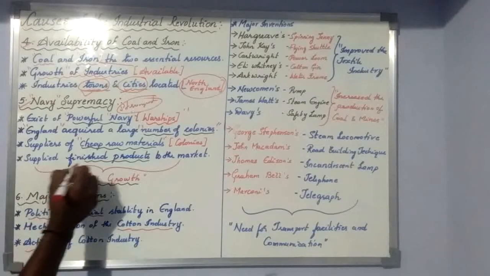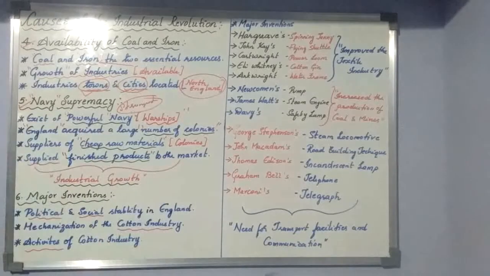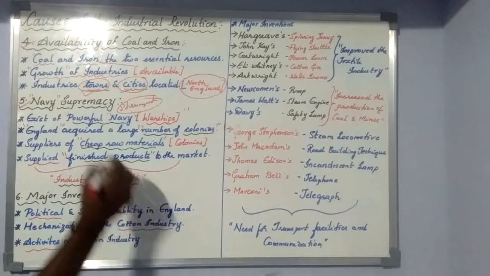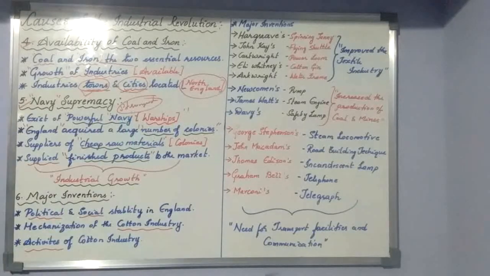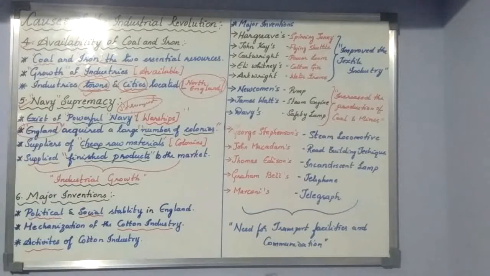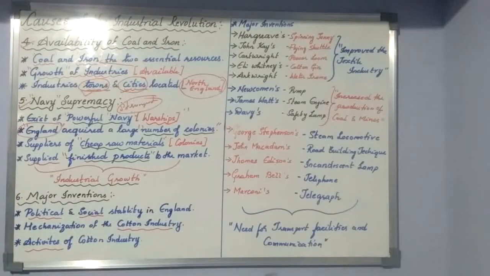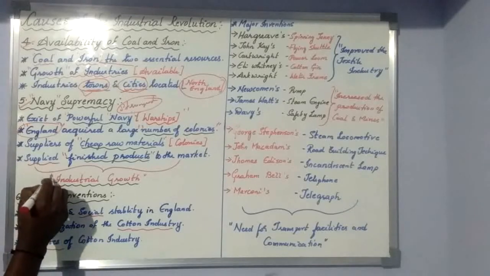Colonies became suppliers, and England made the cheap raw material into a finished product, brought it to the market, and started to sell it, which made industrial growth.